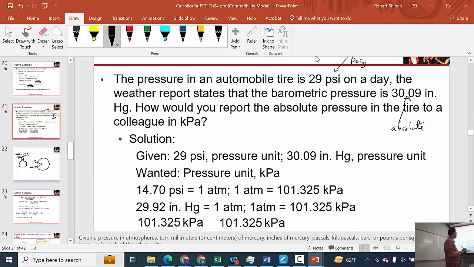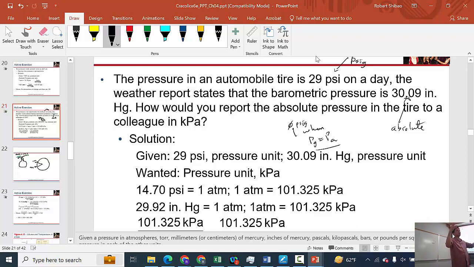Now, I have to be a little bit careful. The way gauges work is like this. The gauge is going to read 0 psi-G when the pressure of the gas is equal to the pressure of the atmosphere. And so if the atmospheric pressure changes, the zero changes with it.